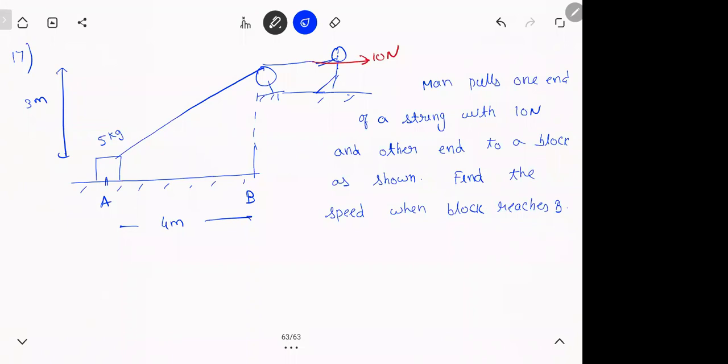Question is clear. So we have a block of 5 kg placed at A. There's a string connected as shown. Man is pulling with 10 newtons. So the block will start sliding on the floor. So when it reaches B, it will have some speed. So how much is that?